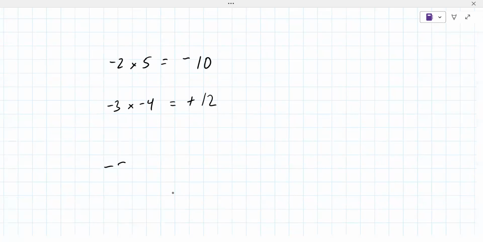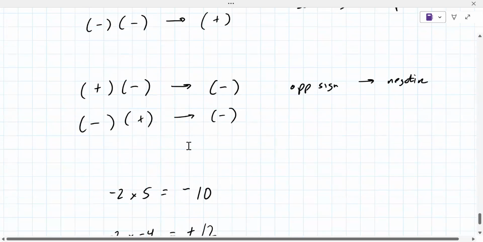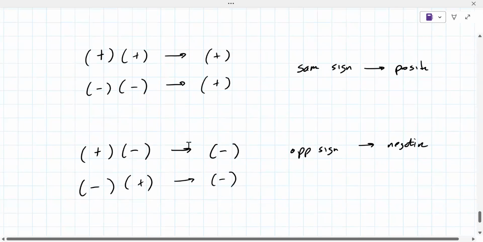Let's try -5 times 6. What does that become? It's different signs. What do we do with different signs again? You got to write this down. I'm going to keep you on this until you write this down. All right, so I'll give you 2 minutes.